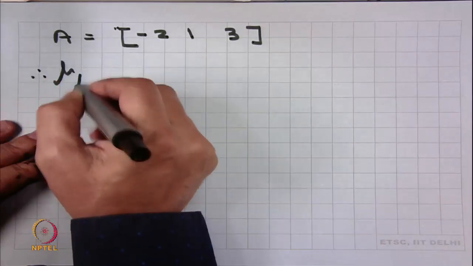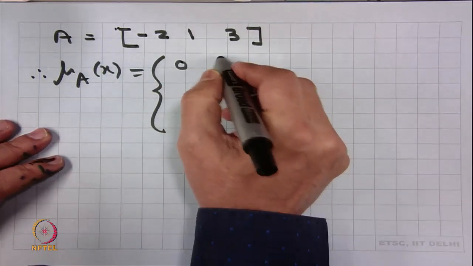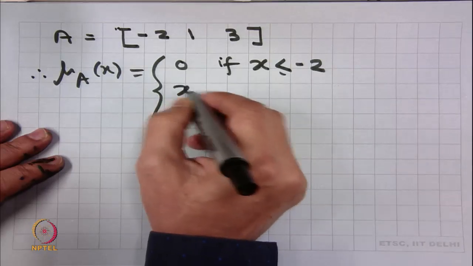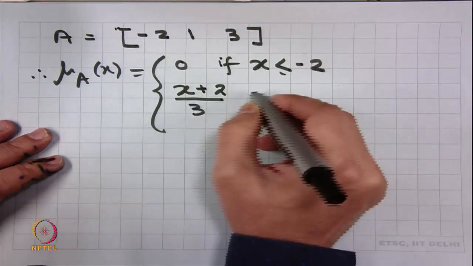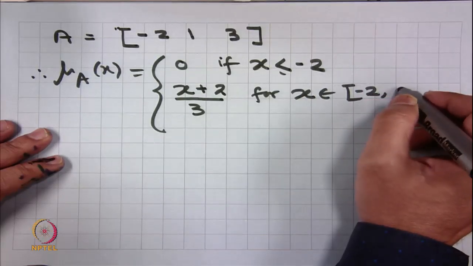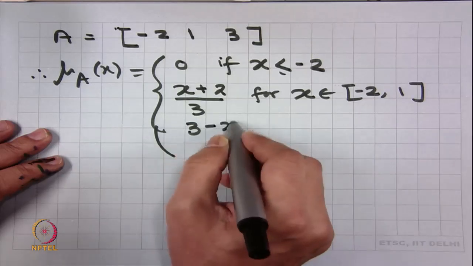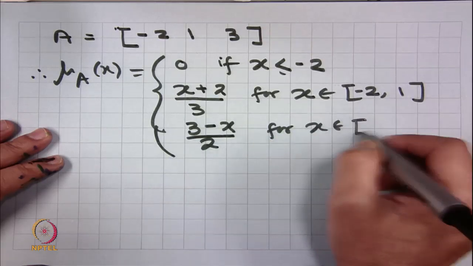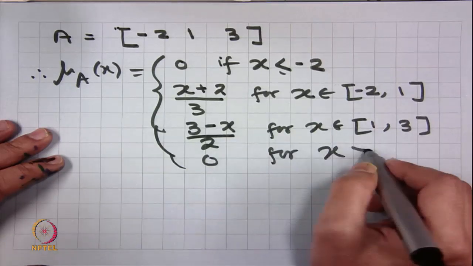Therefore, mu A of x is equal to 0 if x is less than or equal to -2, equal to (x plus 2) upon 3 for x belonging to [-2, 1], equal to (3 minus x) upon 2 for x belonging to [1, 3], and 0 for x greater than 3.